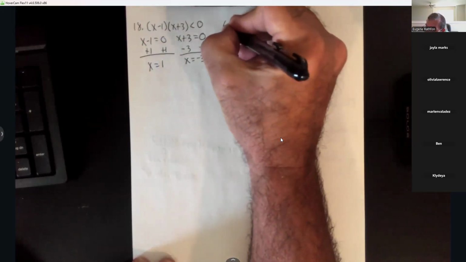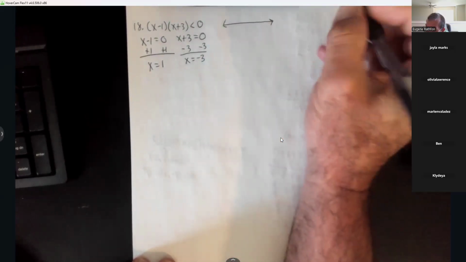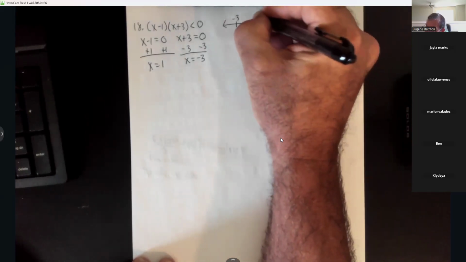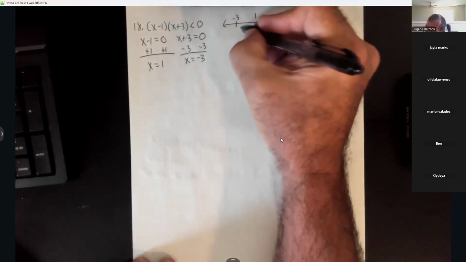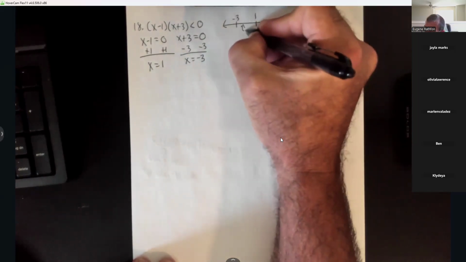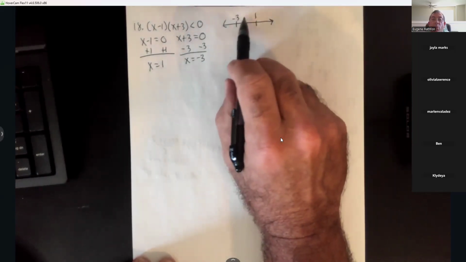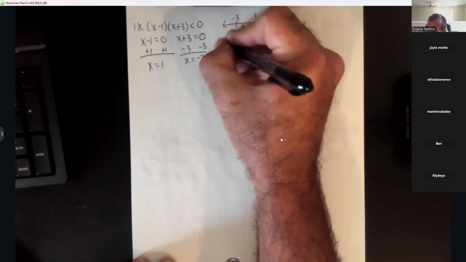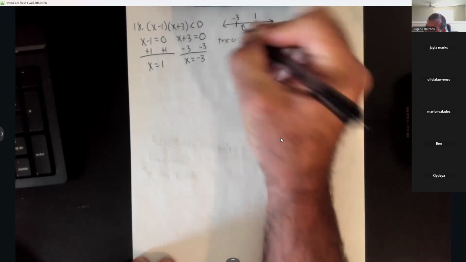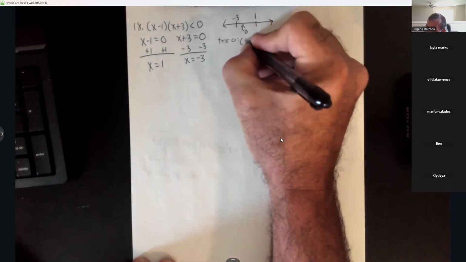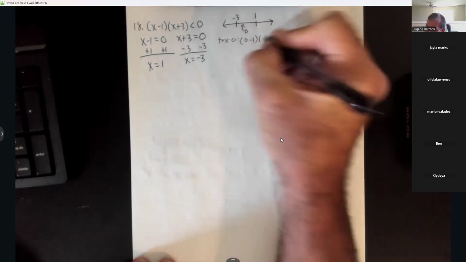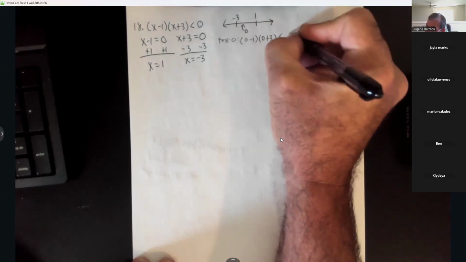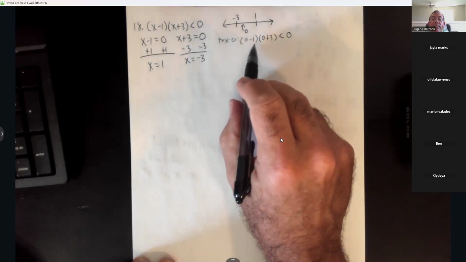So then you set up your number line. Negative 3 would be here, and positive 1 would be there. I'm going to test 0, and 0 is going to be in between negative 3 and 1. So to test 0, I'm going to put a 0 in for both those x's. 0 minus 1, times 0 plus 3, has to be less than 0.